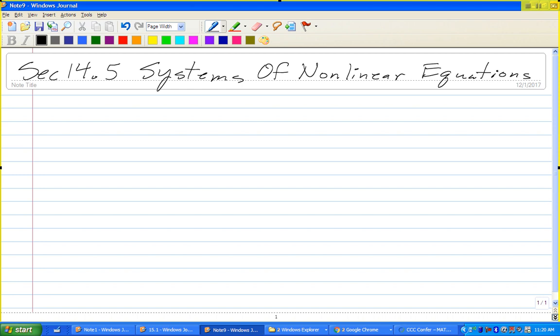So let's recall systems of linear equations.